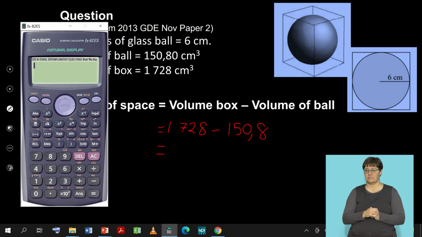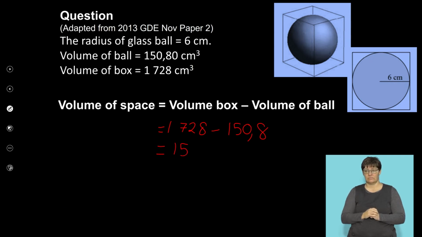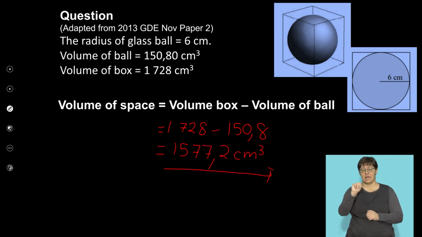So 1,728 minus 150.8, which is going to give me 1,577.2. And we know it's going to be centimeters cubed because it is a volume calculation.